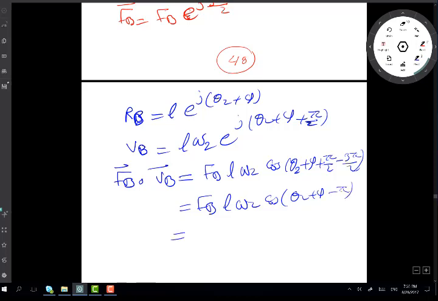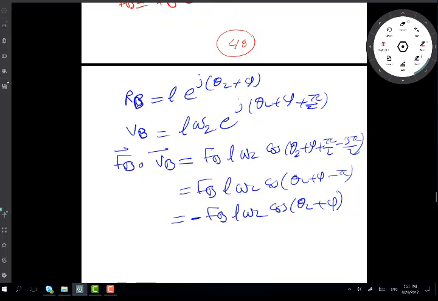So when you do that, that gives me minus FB L ω2 cosine(θ2 + φ). This is one equation here.